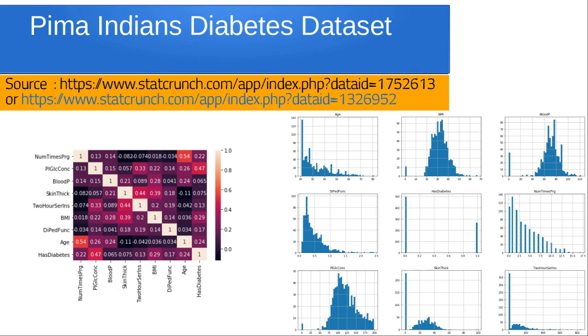The objective of the dataset is to diagnostically predict whether or not a patient has diabetes, based on certain diagnostic measurements included in the dataset. Several constraints were placed on the selection of these instances from a large database. In particular, all patients here are females, at least 20 years old, of PIMA Indian heritage.